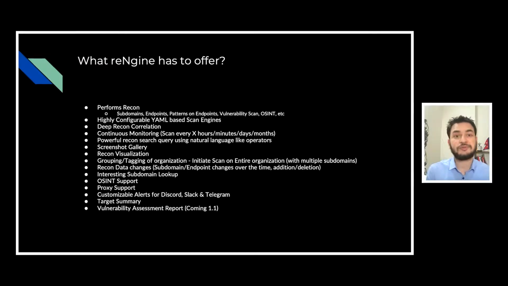reNgine also comes with the recon data diff. That means if reNgine finds any new subdomains and new endpoints, or if it finds that a subdomain is no longer available or has been decommissioned, reNgine notifies you of that as well. And reNgine also comes with the interesting subdomain lookup. That means reNgine uses certain keywords like admin, dashboard, and that's completely customizable.